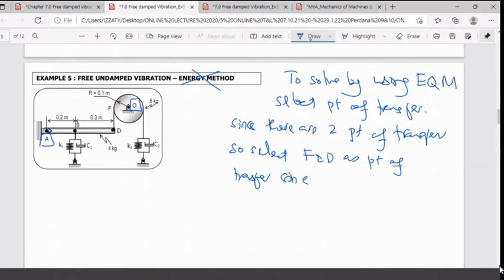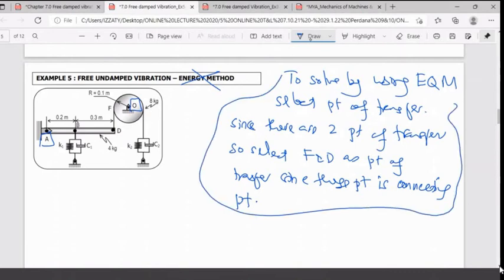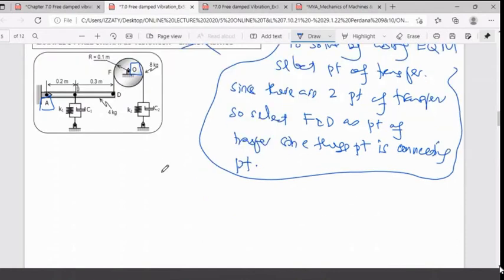Since this point is what? Connecting point. Connecting point. Very important, this one. Here is your extra note, to give the reason why we select F and D. It is not simply select F and D.